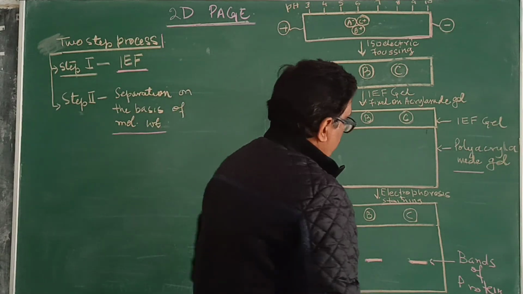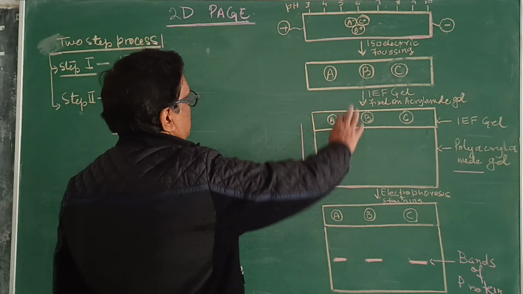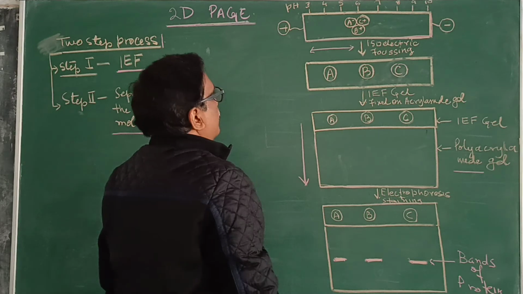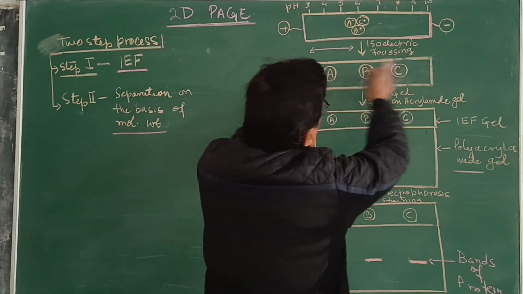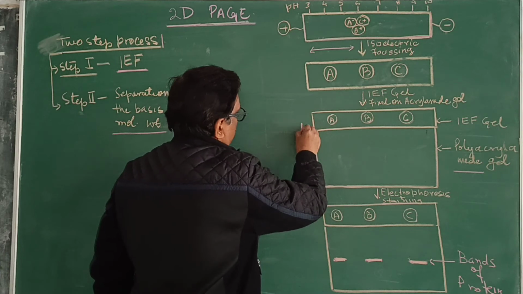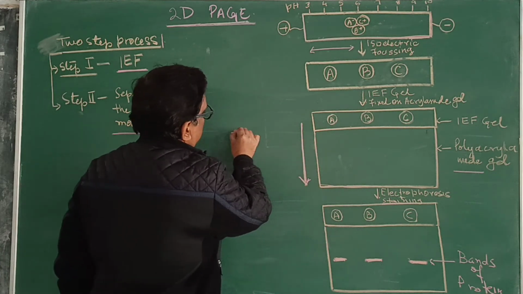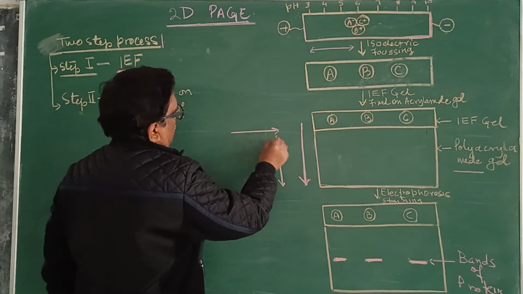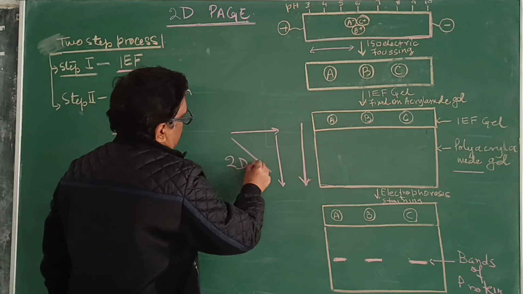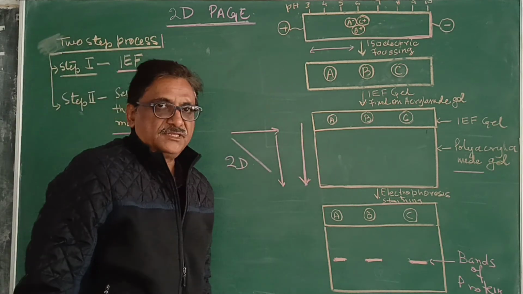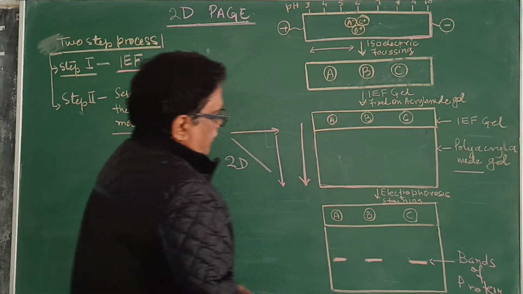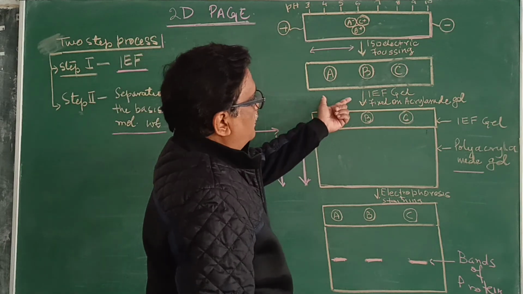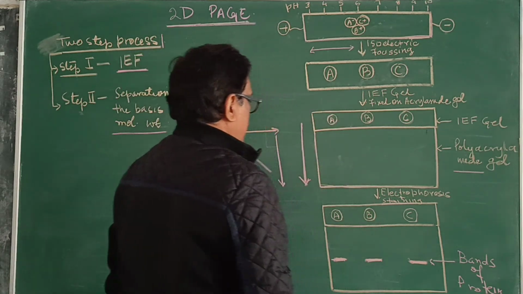So remember that in the first step the movement is in this direction. This is the first dimension, and in the second stage the movement is in this direction. So this is the two-dimensional movement. By this two-dimensional method, we can separate proteins having very similar molecular weight.